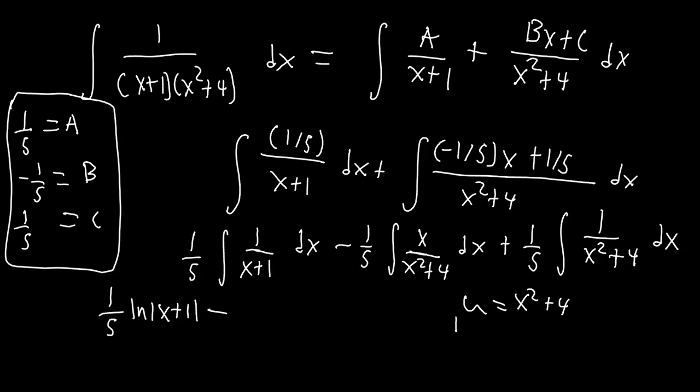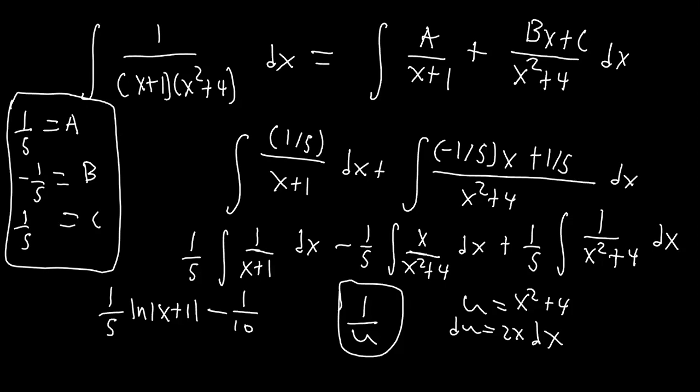So then du is equal to 2x d of x, which means that we're going to have negative 1 over 10, because the x's here are going to cancel out. Then we're going to have negative 1/5 times 1/2. And then our ln, since our u is equal to x squared plus 4, it morphs into this integration problem here.